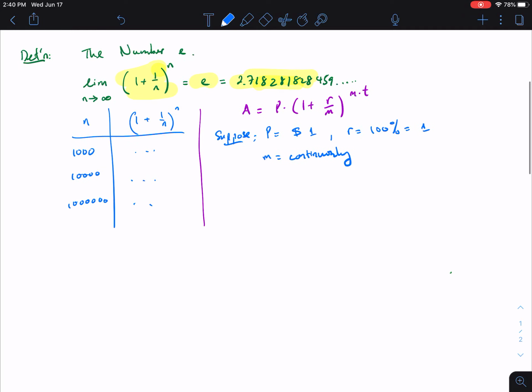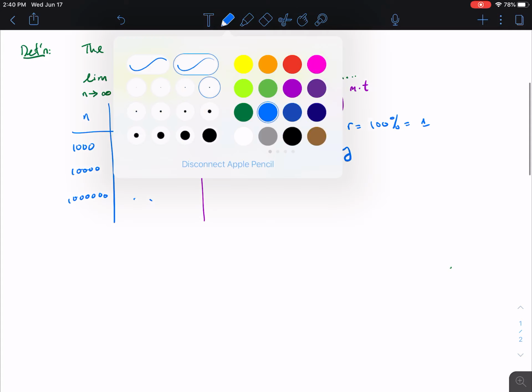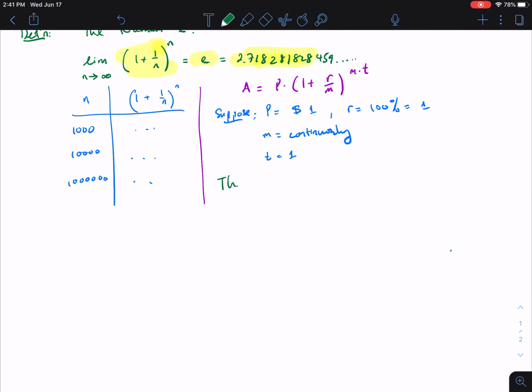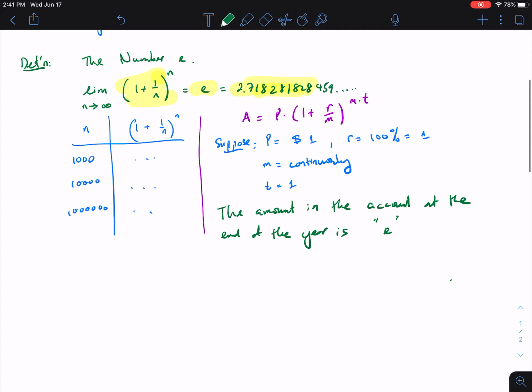And then t is going to be 1 year. So it turns out that the amount in the account at the end of the year is e, $2 and around 72 cents.